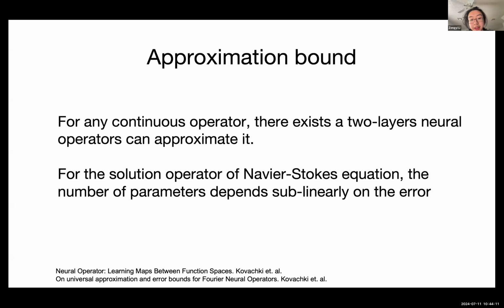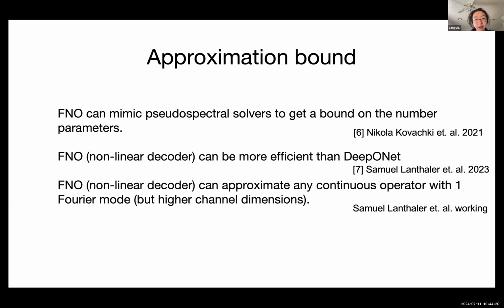And for specific equations, such as the Navier-Stokes equations, usually we can bound the number of parameters for the model. But usually the proof is based on mimicking existing solvers, such as pseudo-spectral solvers, and getting the number of parameters inside the solvers. And we can show that machine learning models can, in some sense, implement pseudo-spectral solvers, and we can bound the number of parameters in that.